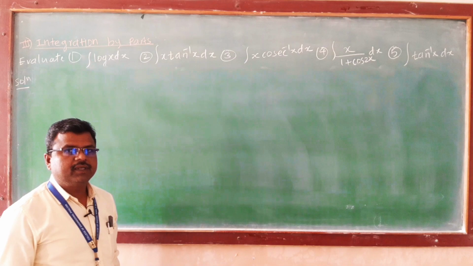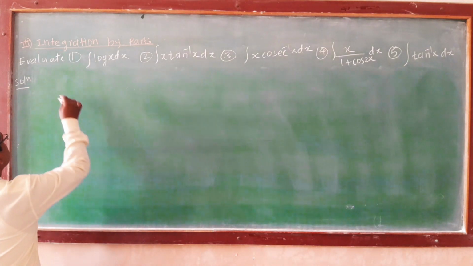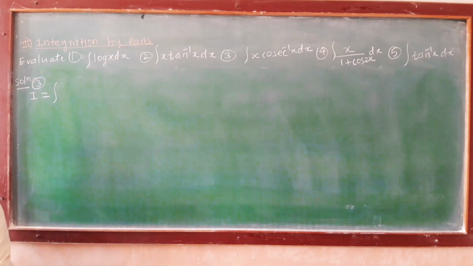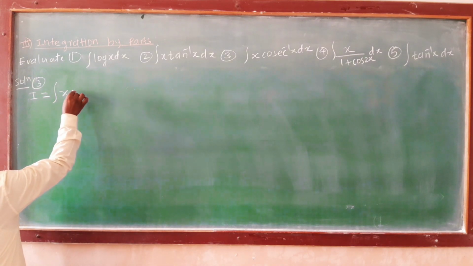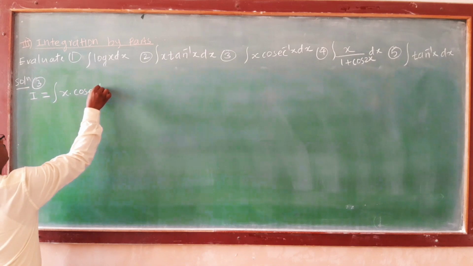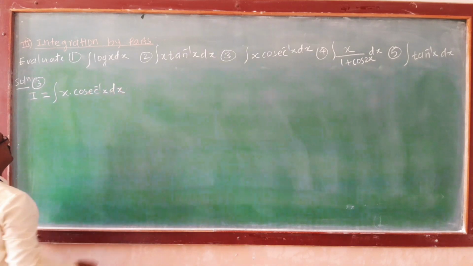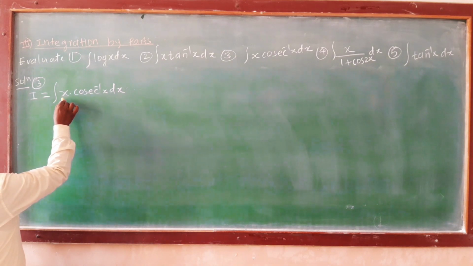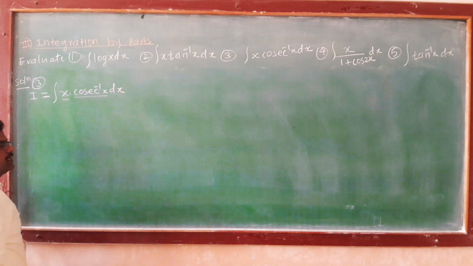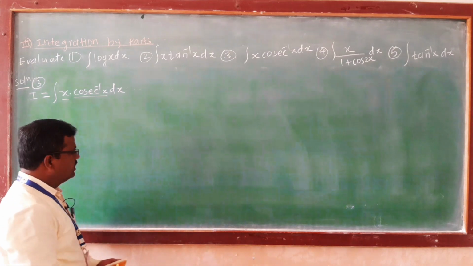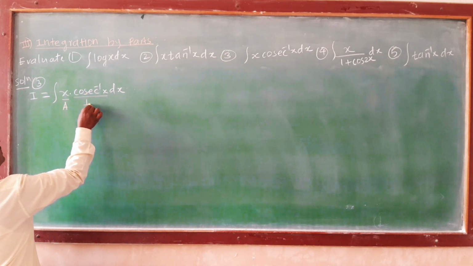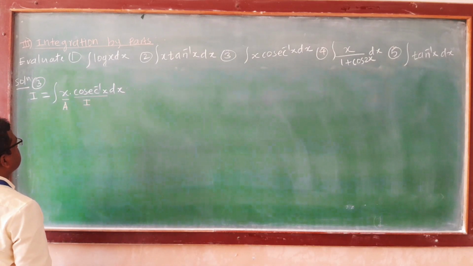See next example number 3. Call this I. Let I is equal to integration of x into cosec inverse x dx. Now, in the integrand, this is a product of x and cosec inverse x. So this x is an algebraic function and this is an inverse trigonometric function.